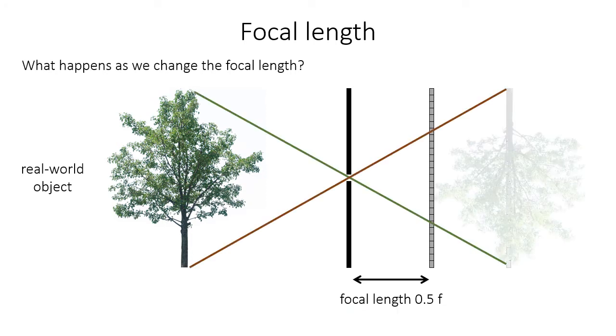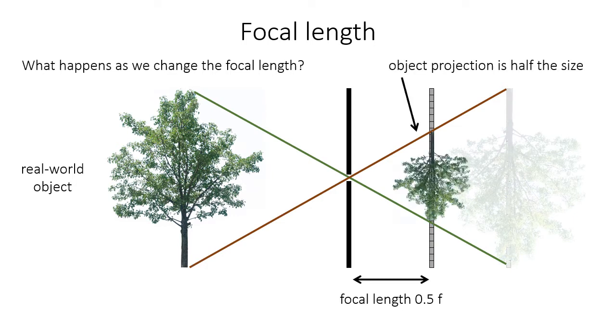So we can see this ray from this scene point and this scene point. Before, the image was located here, because the image plane was here, but the image plane moved closer to this barrier.